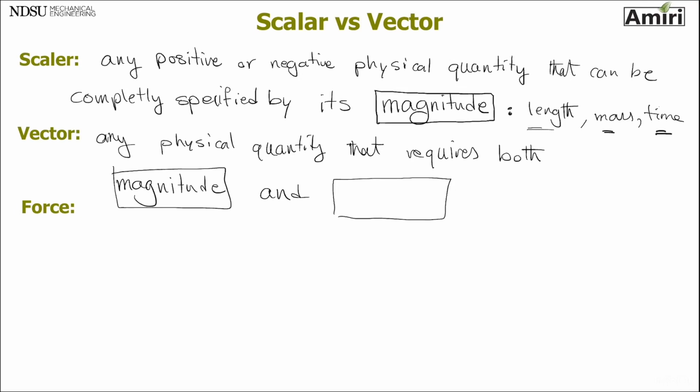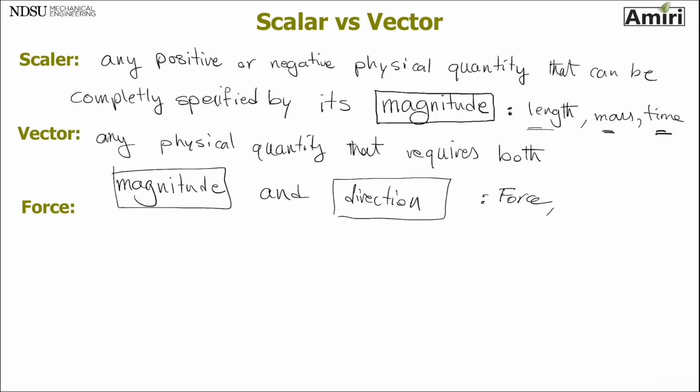Okay, I'll let you think about magnitude and what, and I'll give you some examples here. Force, which I'm going to talk about next, which is pulling or pushing. When I talk about pulling or pushing, I'm talking about direction. So for a scalar, magnitude is enough. For a vector, we need both magnitude and direction.